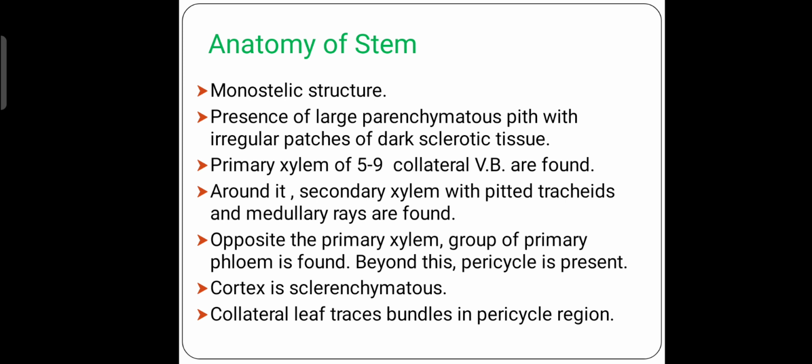Opposite the primary xylem there are groups of primary phloem, and beyond this a layer of pericycle is also present. Cortex is basically made up of sclerenchymatous tissue, and collateral leaf trace bundles are also present in the pericycle region.